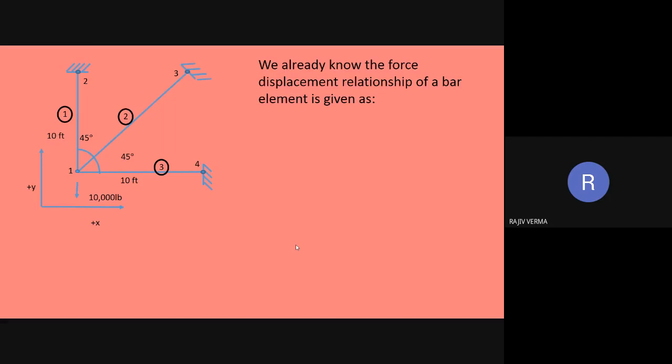We already know the force and displacement relationship for a bar element, and this is given by the equation on display. Since each of the bars is going to be broken down into a linear element having two nodes, one at each end, we have two displacements which are the unknowns, and two forces acting at the nodes.